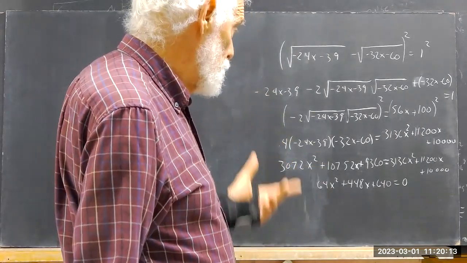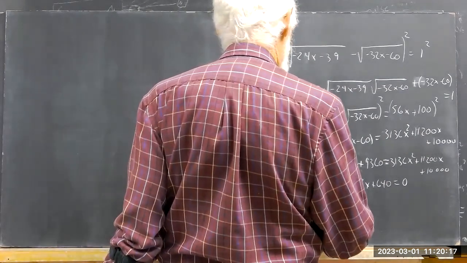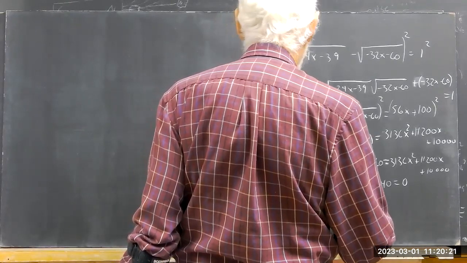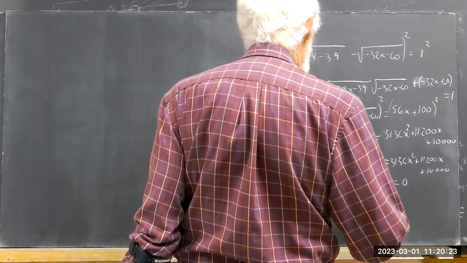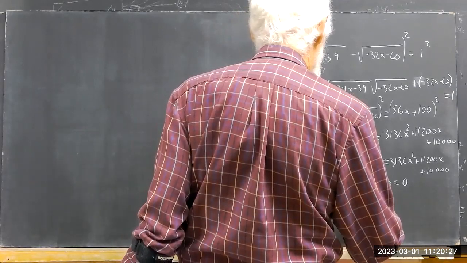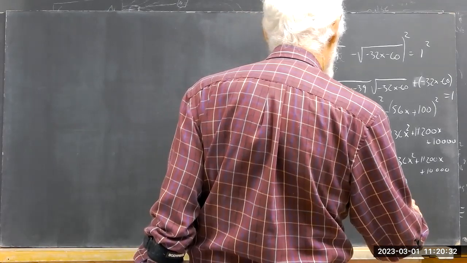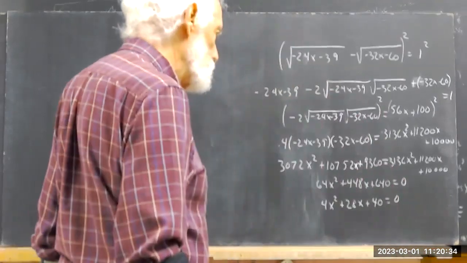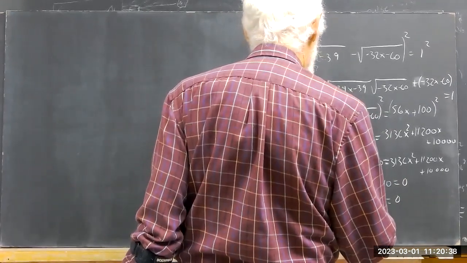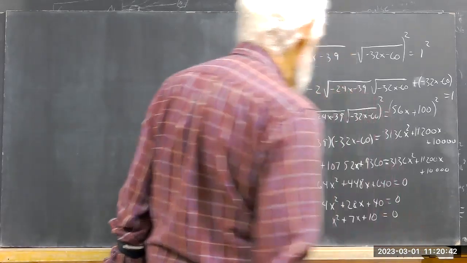Divide by 16, which would give me 4x squared plus 28x plus 40 equals 0, and I can still divide by 4, which is going to give me x squared plus 7x plus 10 equals 0.